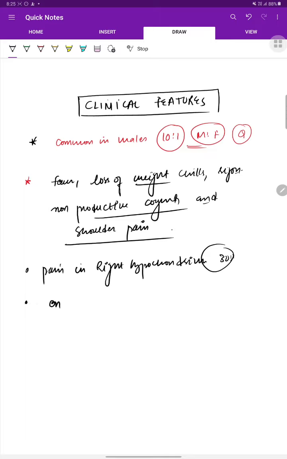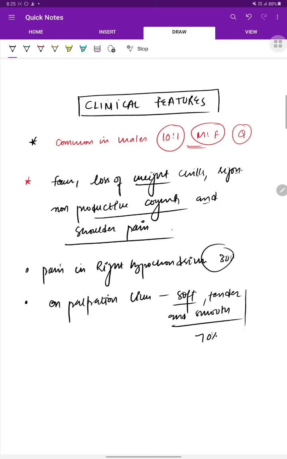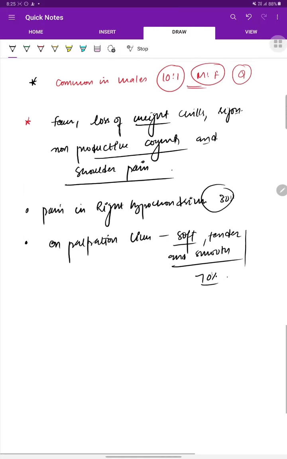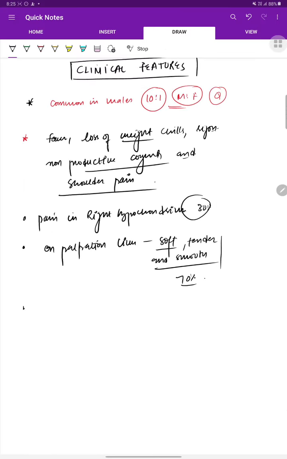On palpation, the liver will be soft, tender, with smooth borders. 70% present with this, 30% may not. Intercostal tenderness may be present, which is a clinical sign for this, on examination.